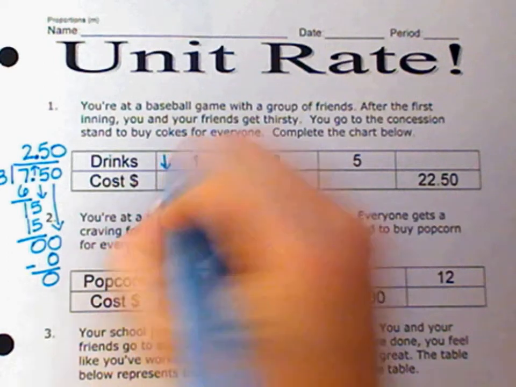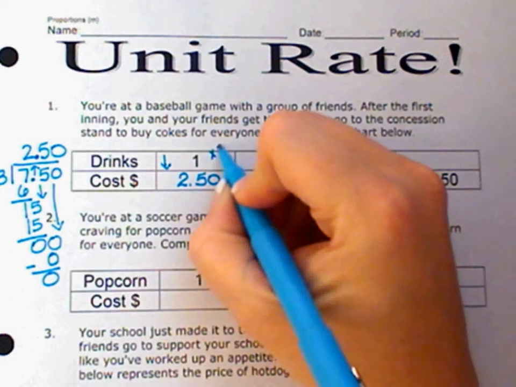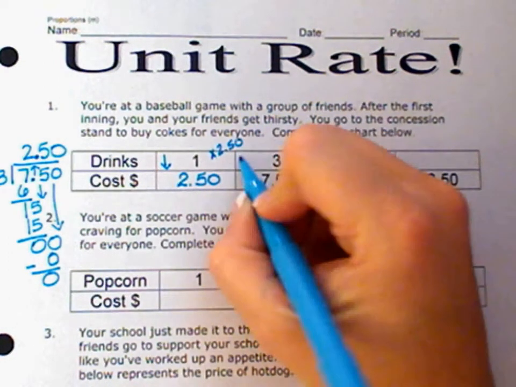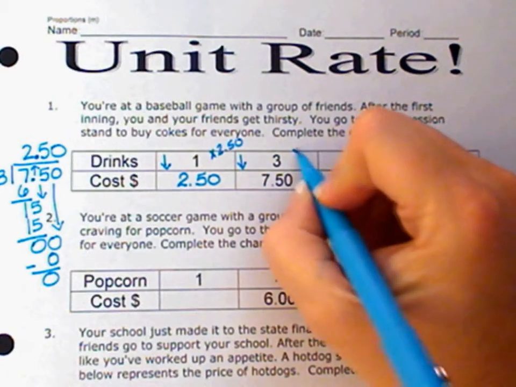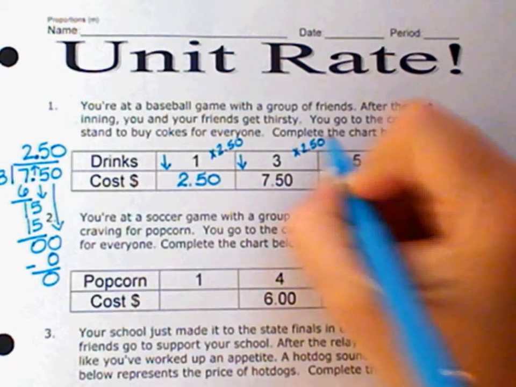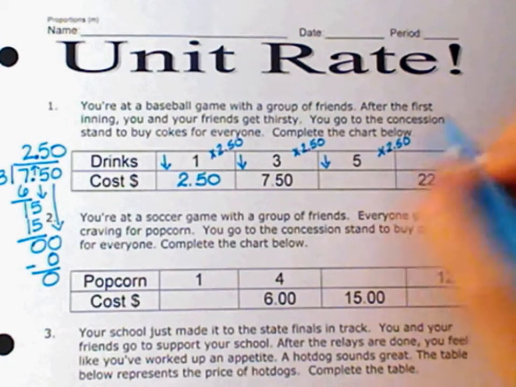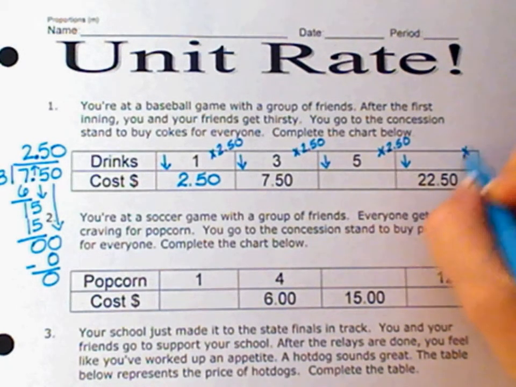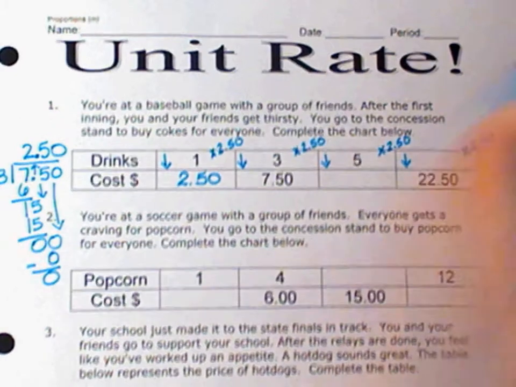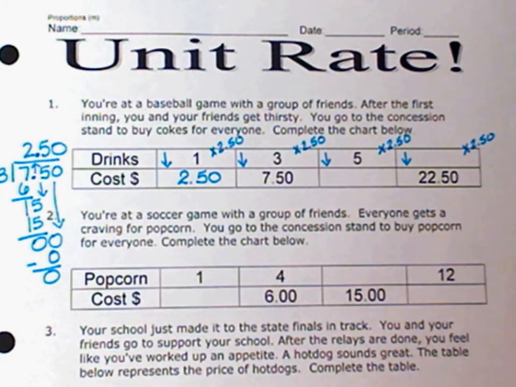Next, I'm going to look at my rule. If I am looking from top to bottom, I'm going to multiply by 2.50. Top to bottom, multiply by 2.50. If it's good for one, it has to be good for all to be my rule.